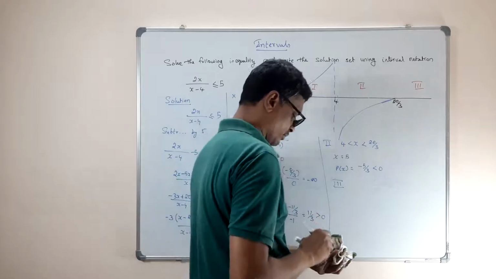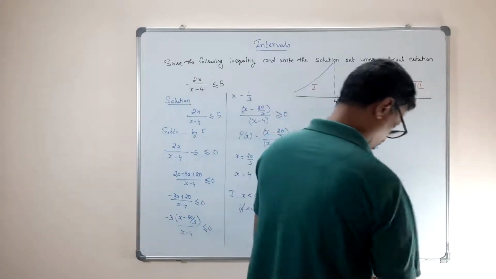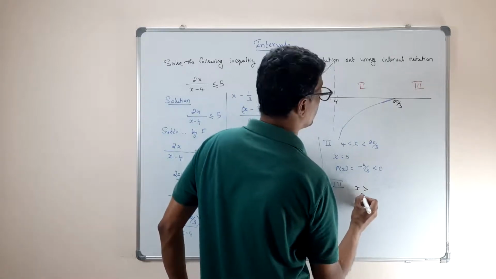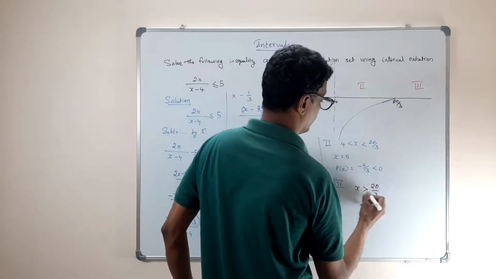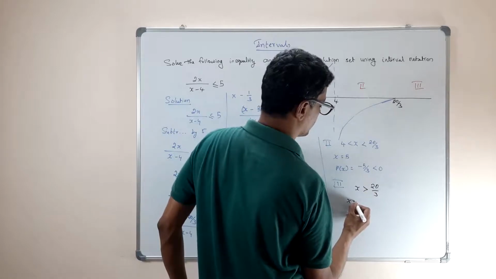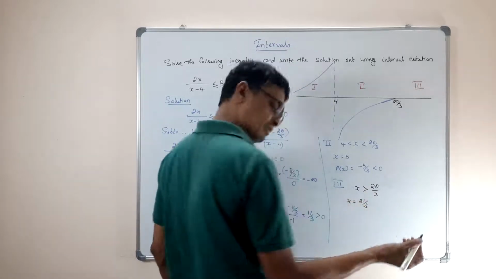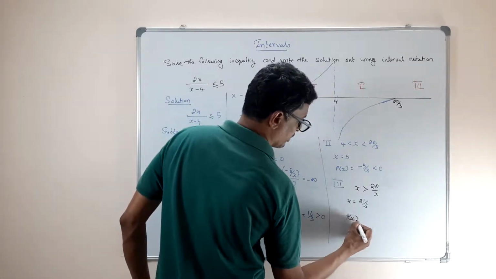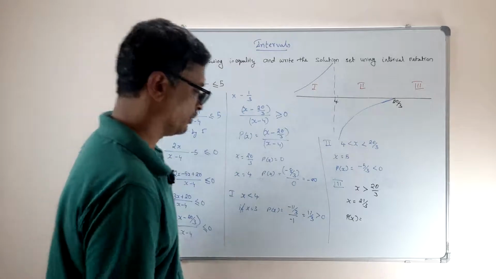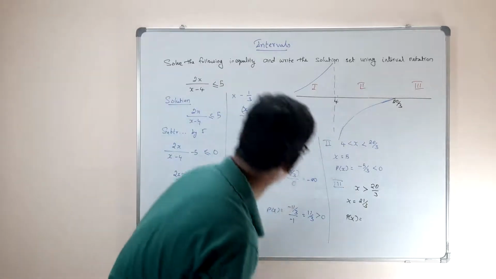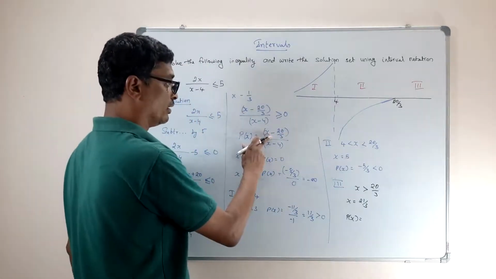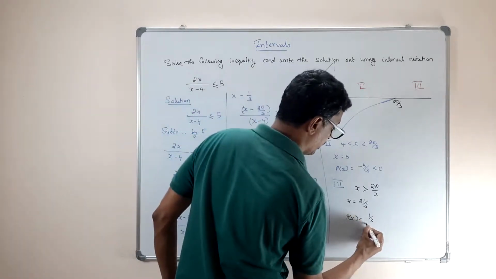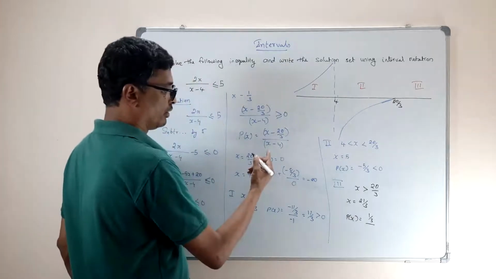Tell me, what is region number 3? X is greater than 20 by 3. So let us take a value. Simple, x is equal to 21 by 3, which is 7. Tell me, what is P of x? P of x will be 7 minus 20 by 3, that is 1 by 3, divided by 7 minus 4, that will be 3.